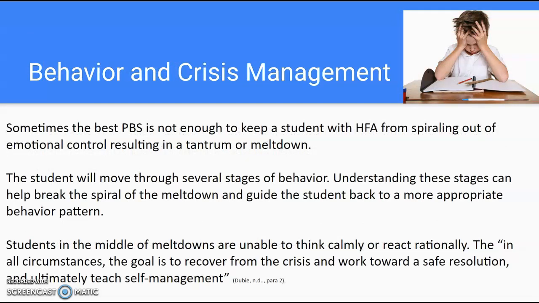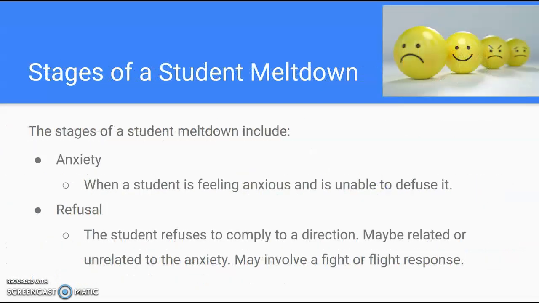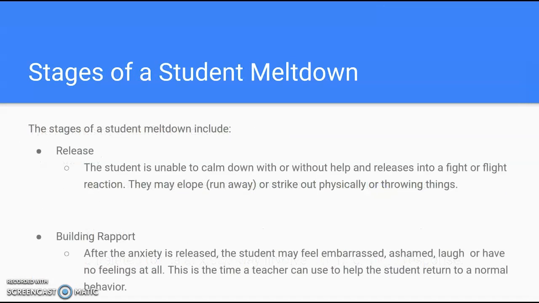Behavior and crisis management. I begin to discuss what it's like when a student with HFA becomes out of control and it results in a tantrum or meltdown. We go through the different stages of behavior, the stages of the student meltdown, including the anxiety, the refusal, the release, and then building a rapport.